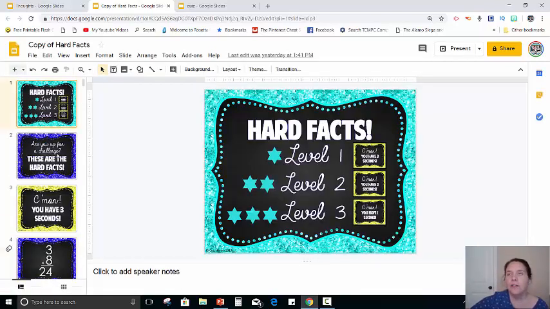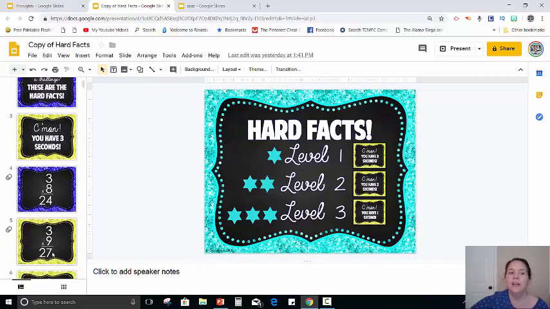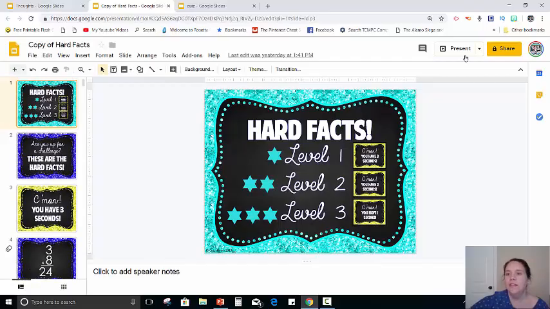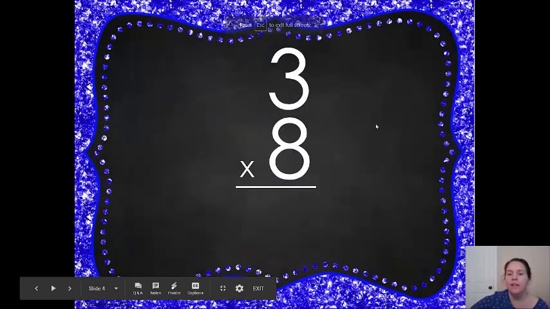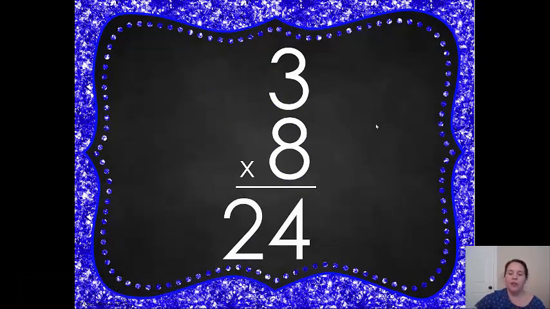There are some slight variations of regular flashcards, and that is that you have different levels. So this one says 3 seconds, 2 seconds, and 1 second. So you can see that when students use these flashcards, they're going to be kept automatically on a certain time schedule.